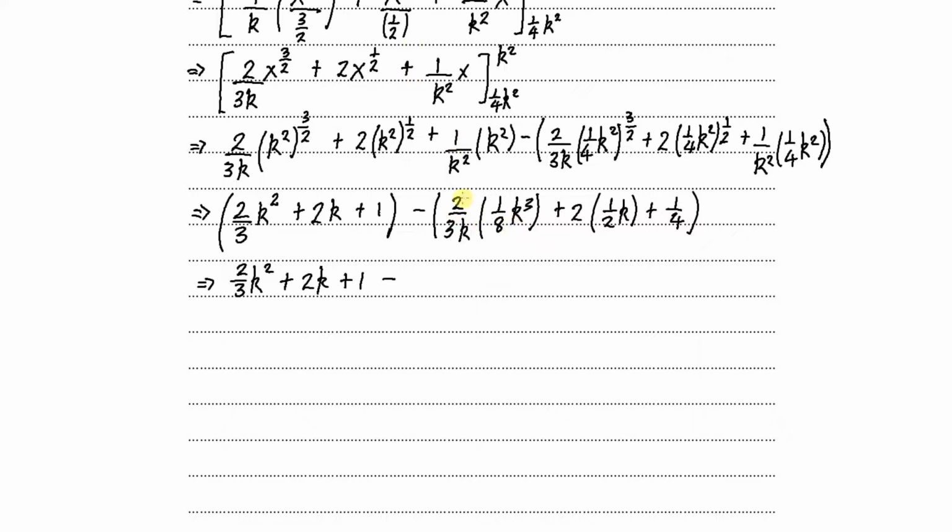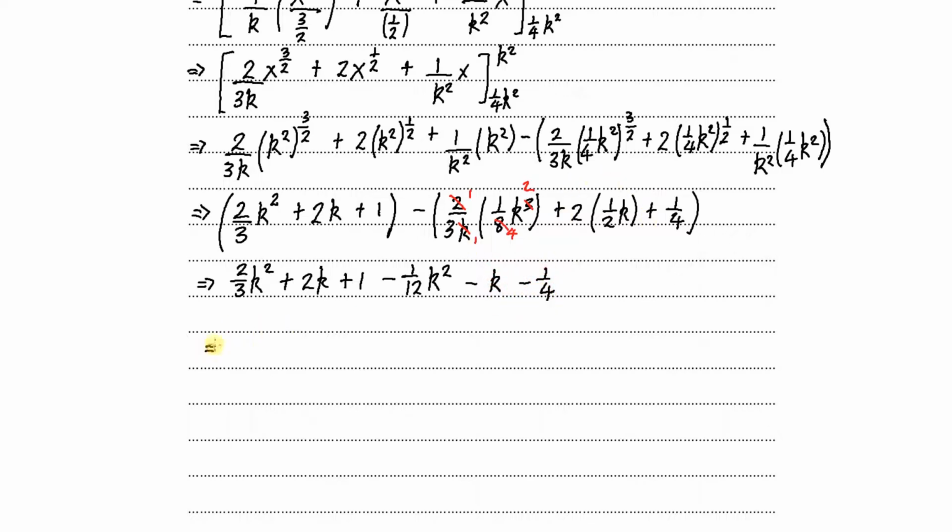Now we know that 2 will divide into 8 to get 4, so we have 1 over 12, and k into k cubed, we get k squared there, so we have k squared, minus 2 times a half k, we just get k, and minus a quarter.